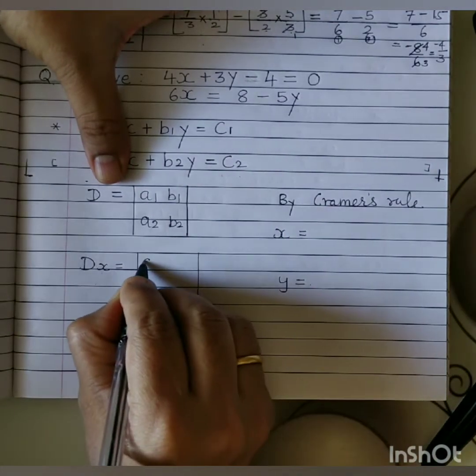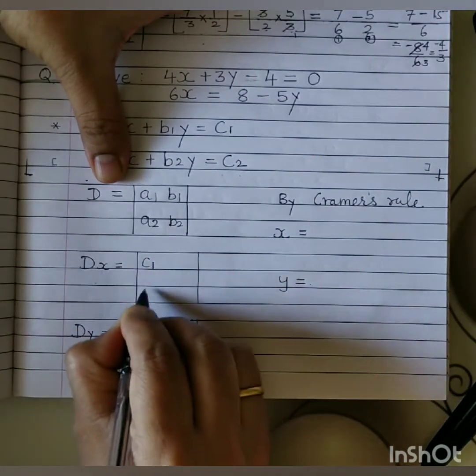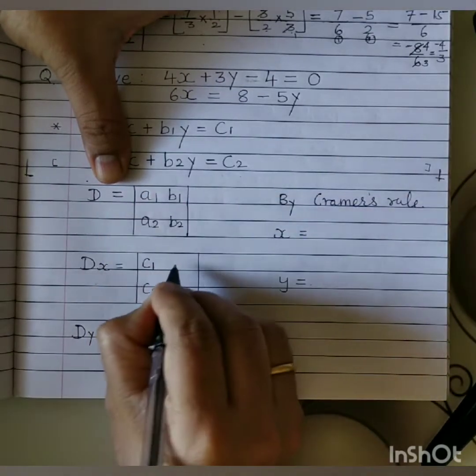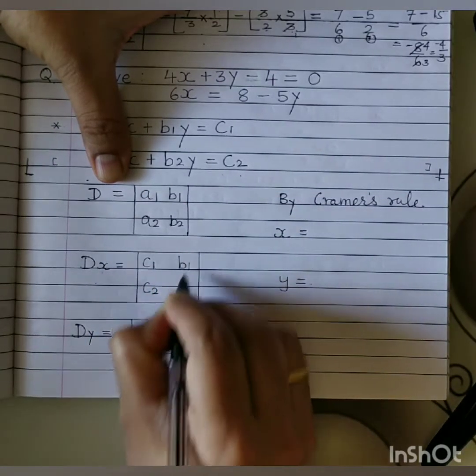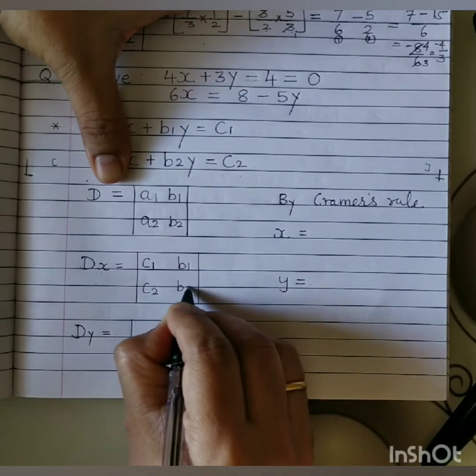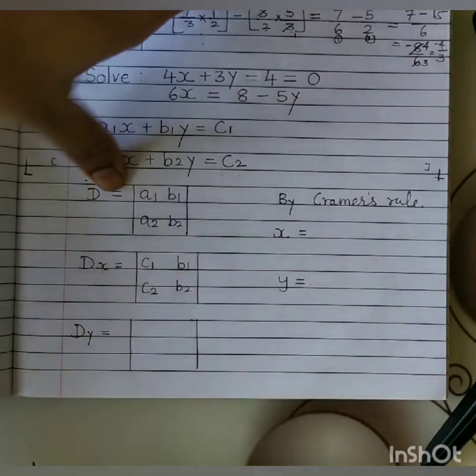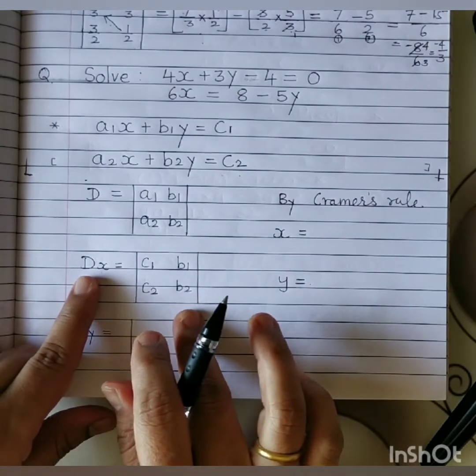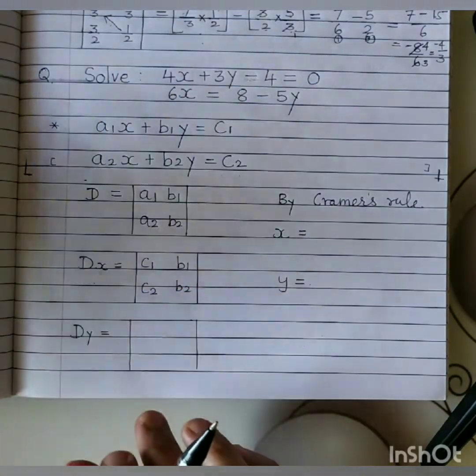So what I am doing here: A1, A2 is replaced by C1, C2. The second column B1 and B2 is as it is, the coefficients of y. Hope you all have understood how to frame dx. This should not go wrong, otherwise the further full calculation is definitely going to be wrong.